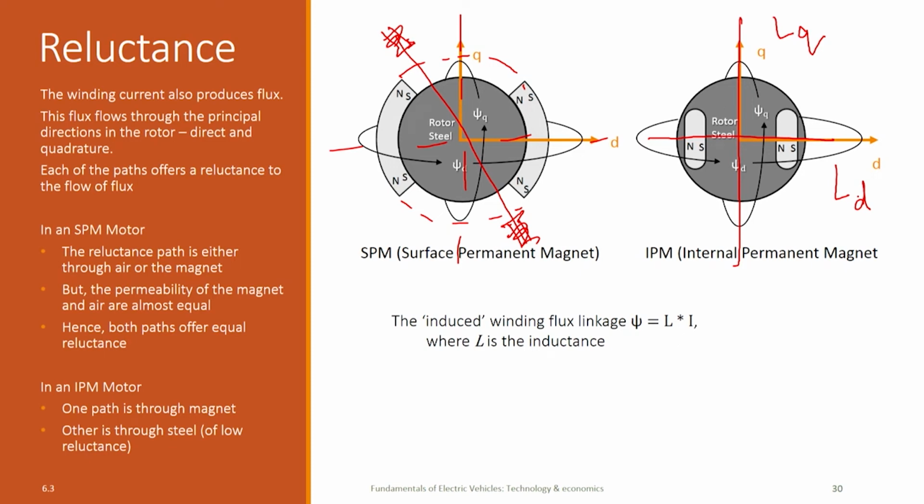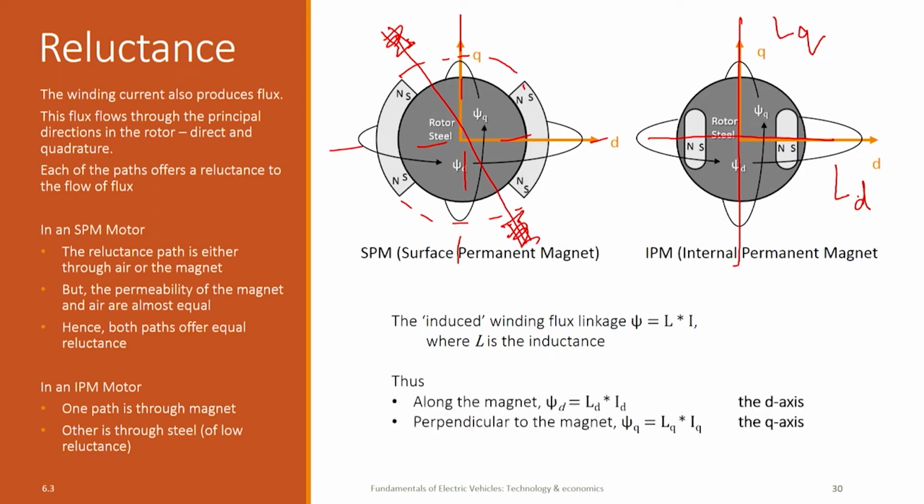What we have just now discussed is that overall the flux path is encountering some inductance, which in some sense is a reciprocal of the reluctance, and therefore, the magnitude of the flux that is flowing will be proportional to inductance multiplied by the current, and this can be resolved in two directions, the flux along the q axis and the flux along the d axis, which may or may not be equal.